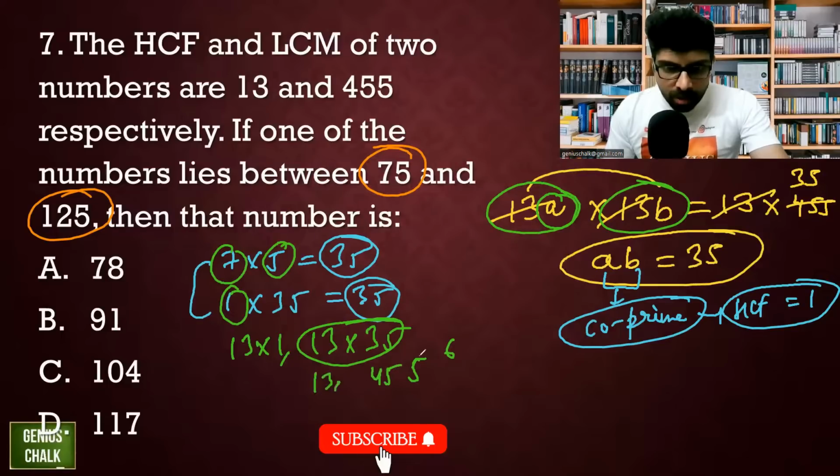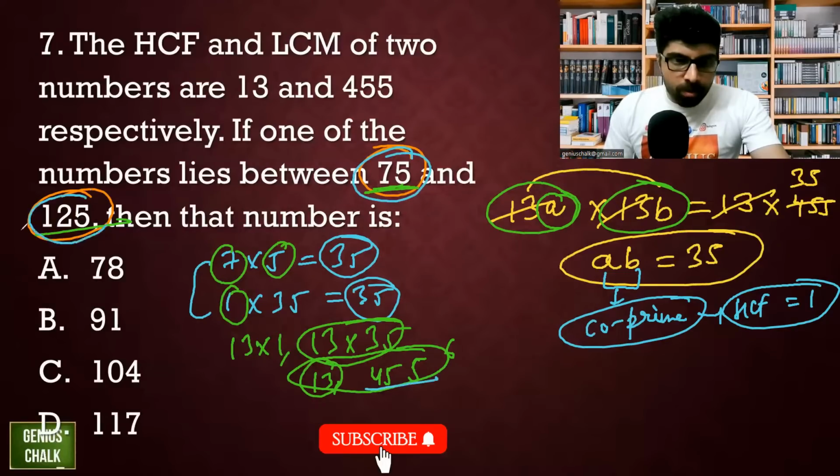So this number will be more than 125. Here one of the numbers is 13, which is less than 75, and the other has to be between 75 and 125 but it is more than 125. So this pair I cannot take.